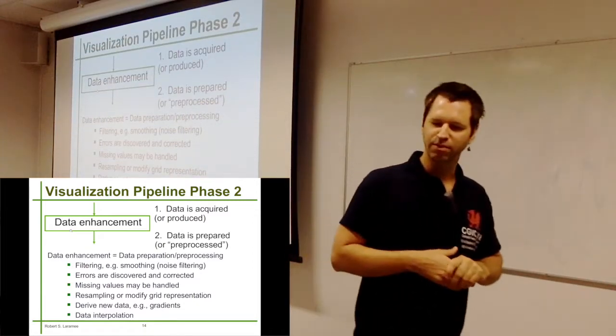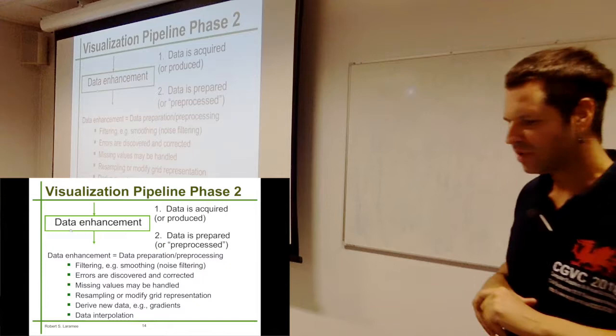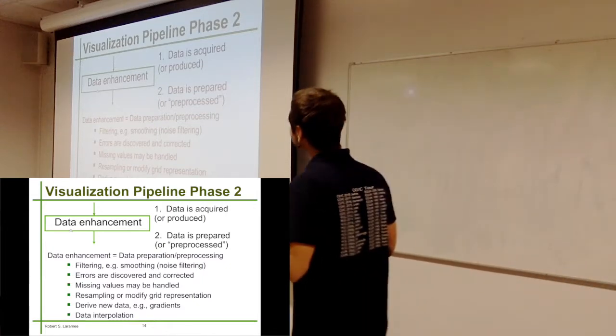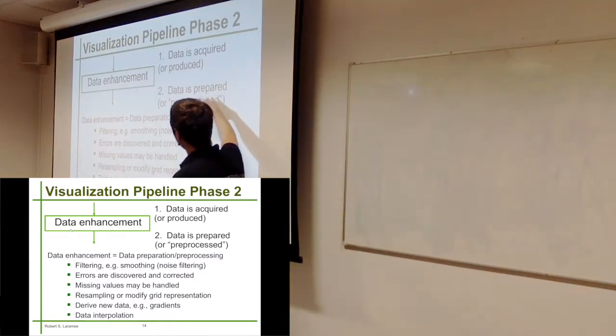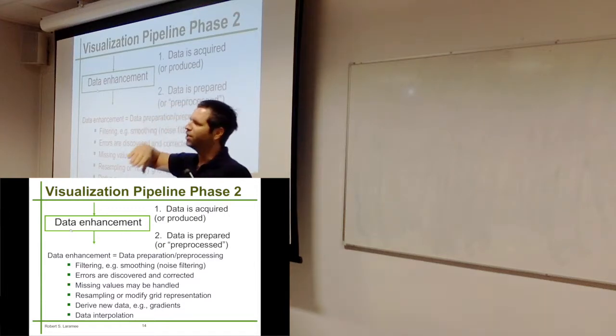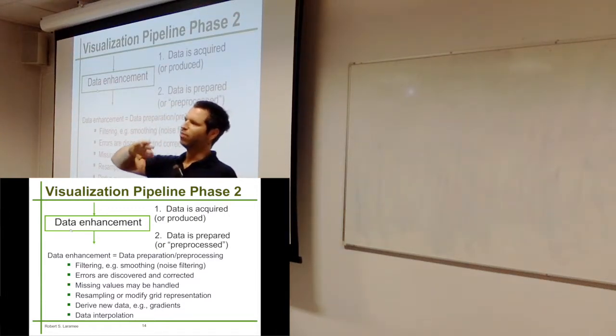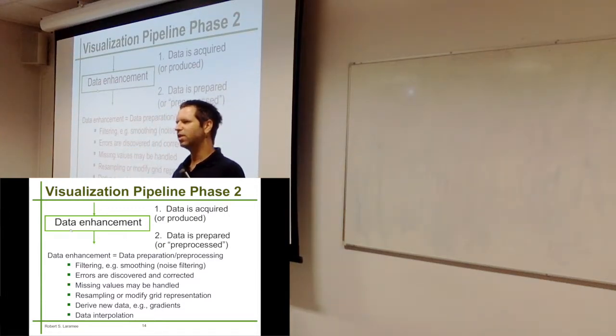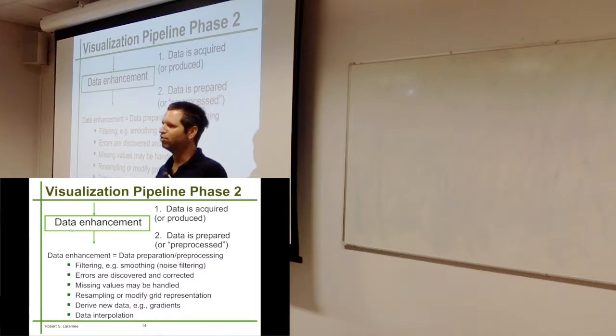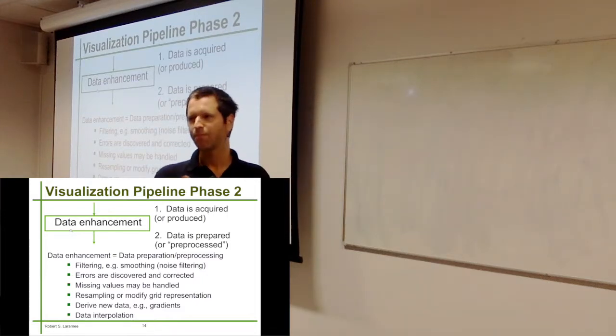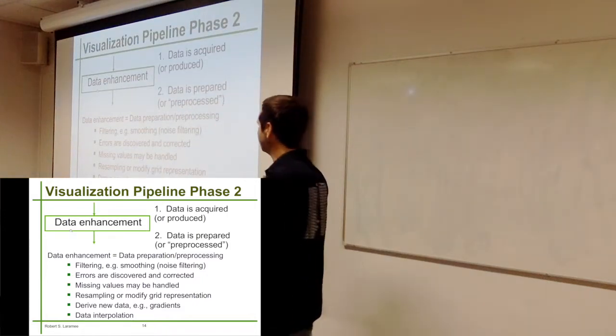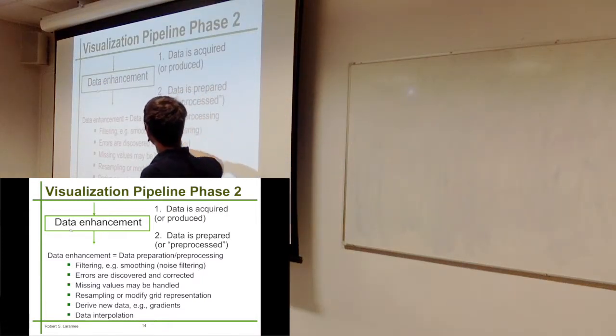That's an example of data enhancement. Data is prepared or pre-processed. So that's another kind of learning curve aspect to assignment one. Every tool will have slightly different input requirements, how the data needs to be formatted so that the tool reads it properly. That's an example of data enhancement or pre-processing.